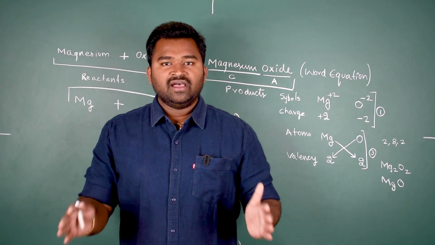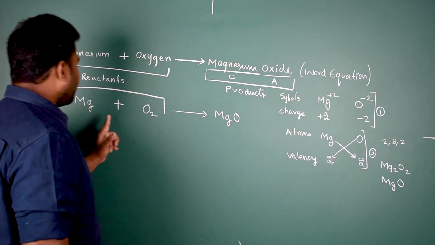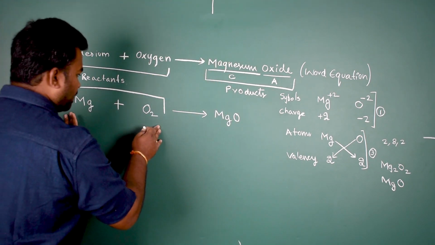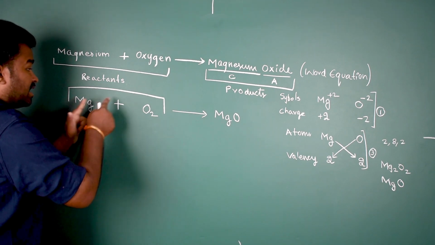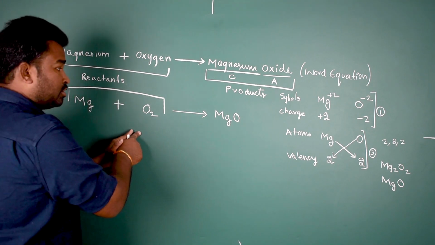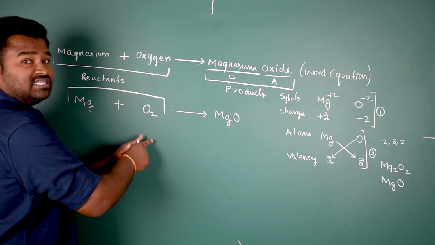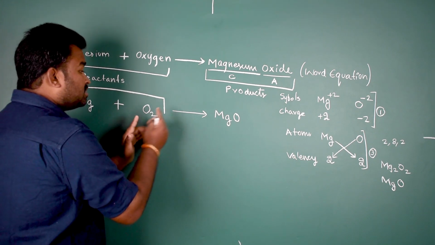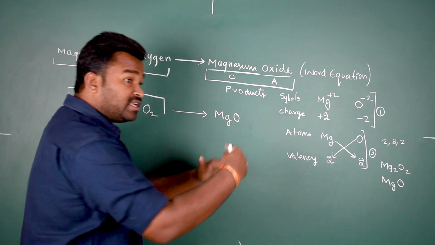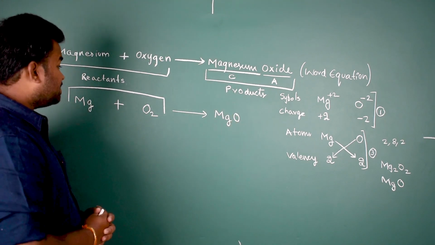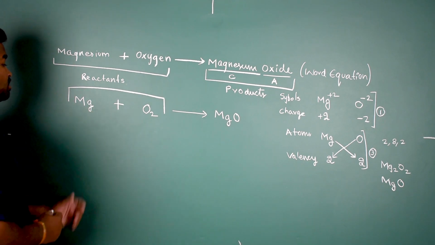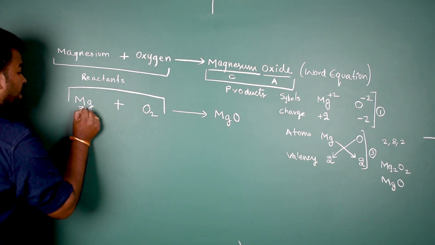So similarly, if there is a chemical reaction like this happening, the number of atoms that are getting into the chemical reaction should be the same as the number of atoms that are coming out after the chemical reaction has taken place. Correct? So that means here magnesium is represented by 1 magnesium.